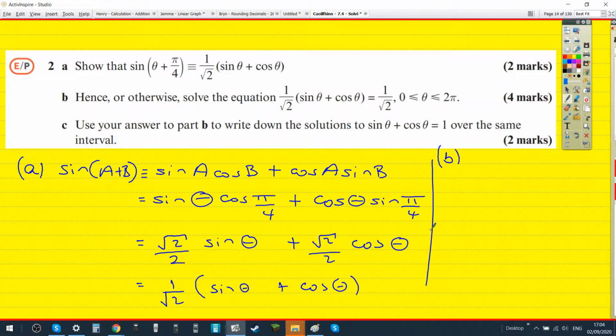It's not like a quadratic, so we can't do it like that. What is 1 over root 2 sine theta plus cos theta the same as?